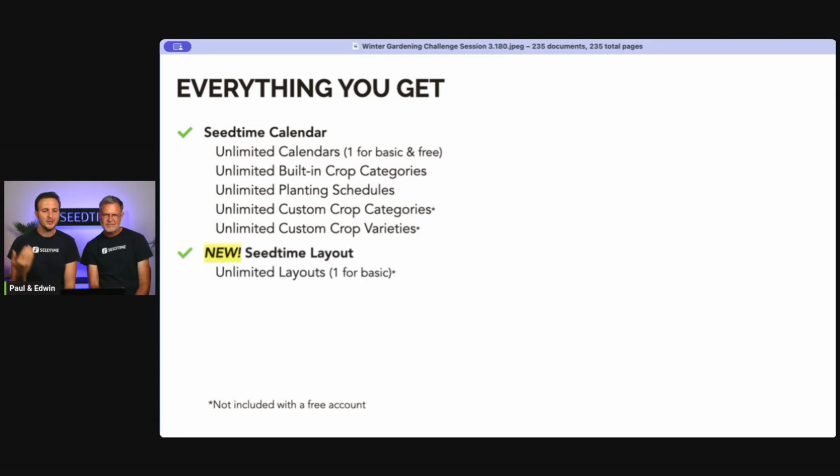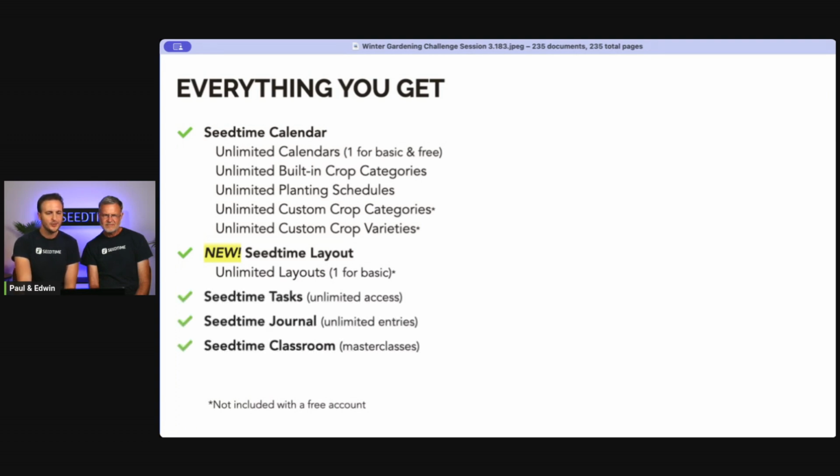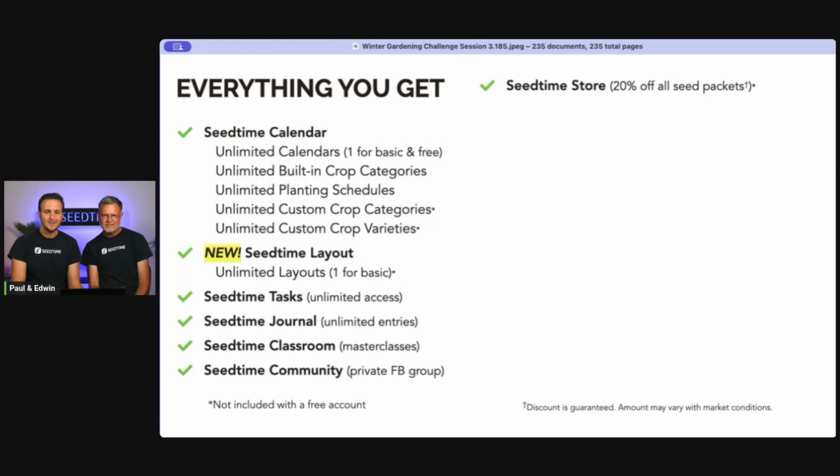You will get access to the new Seed Time layout, which incidentally is only available on the upgraded versions of Seed Time, but you get unlimited layouts, or one layout for basic accounts. And then you'll also get unlimited access to the Seed Time tasks, the Seed Time journal, the classroom, and the Seed Time community. And as we've been doing this sale in the Seed Time store, imagine if you had 20% off all of your seed packets all the time, not just during an event like this.